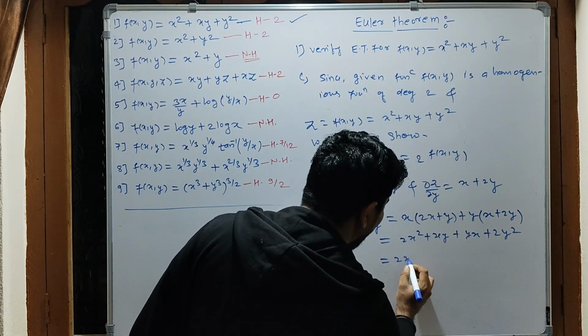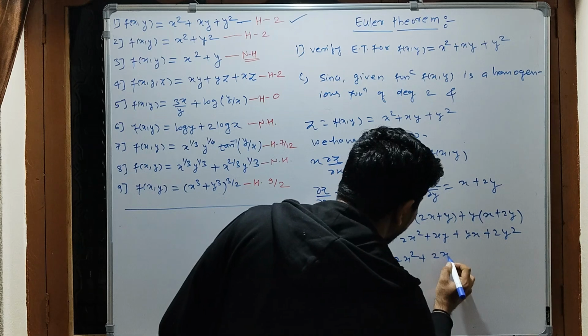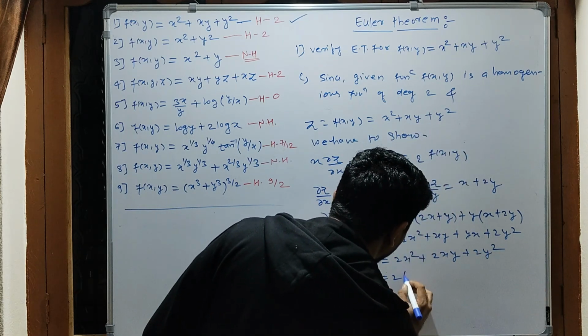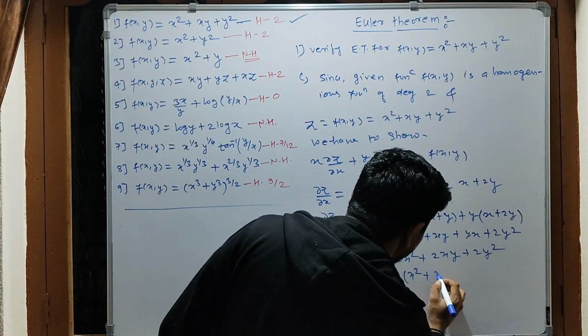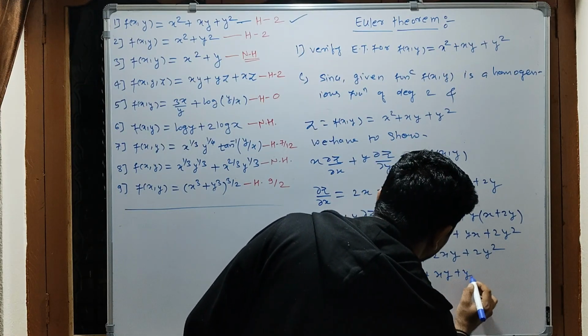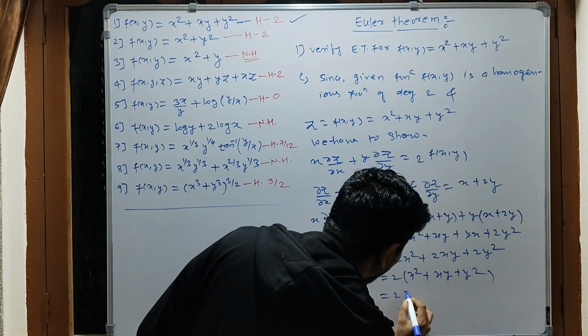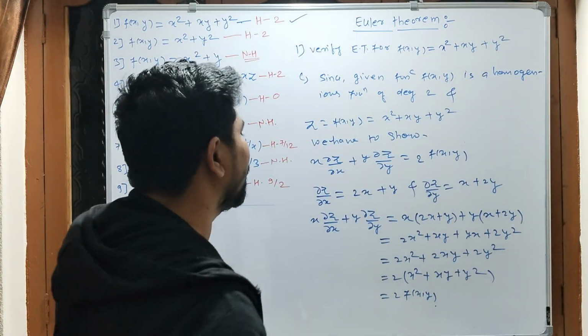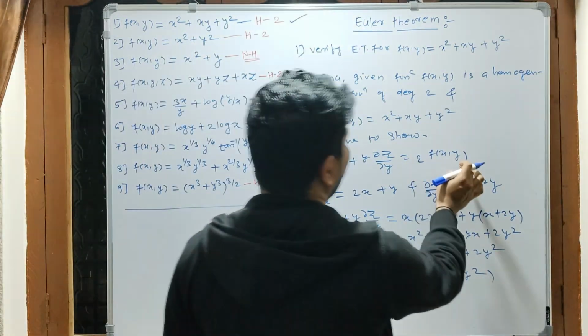This is equal to 2x square plus 2xy plus 2y square. Take 2 common: x square plus xy plus y square, which is equal to 2 times f of x comma y. So this is hence the right hand side.